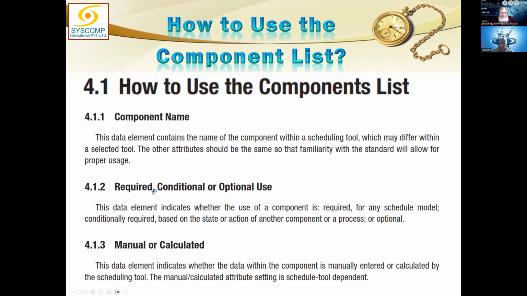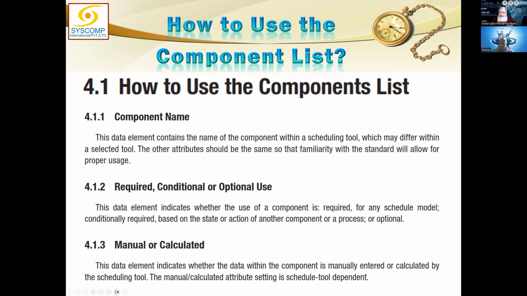Now, what is this choice? Required, conditional, or optional? The data element indicates whether the use of a component is required, meaning it is mandatory for a schedule model. It is conditionally required. What is conditionally required?